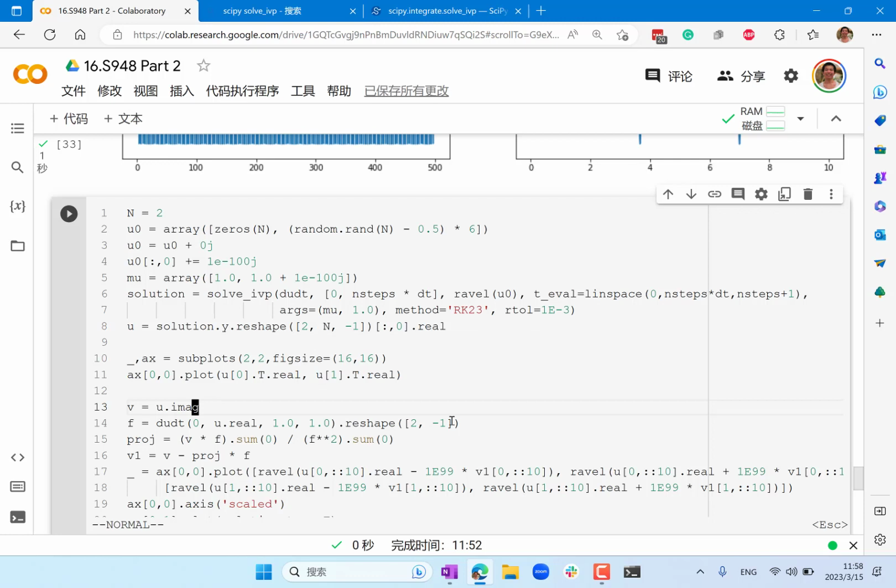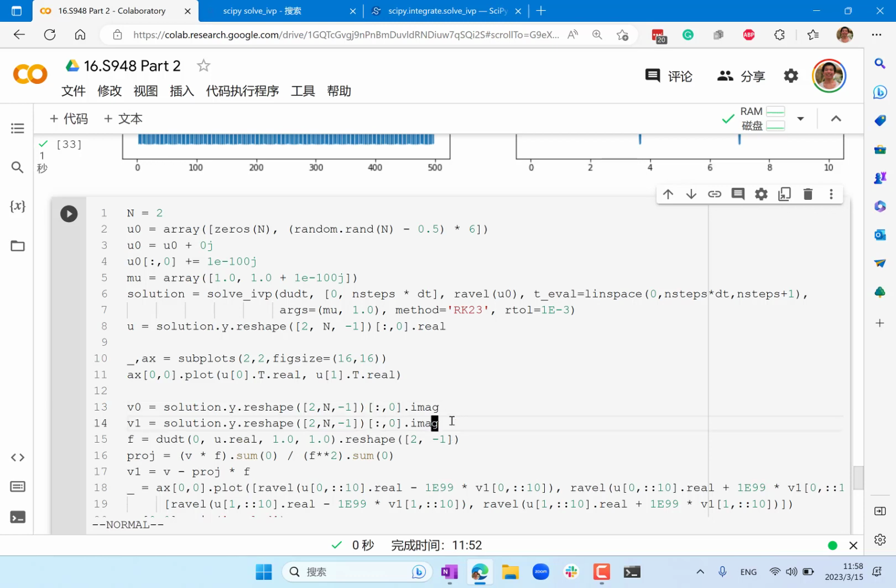And now I'm going to have two v's. Solution dot y reshape 2n minus 1. So this is the homogeneous solution, and this is the inhomogeneous solution, right?